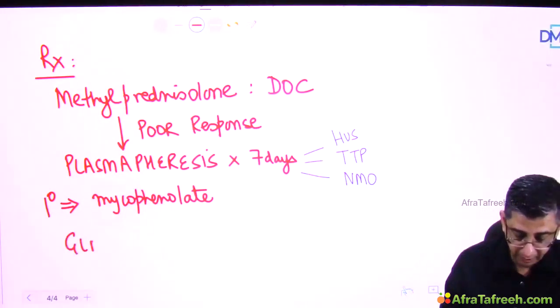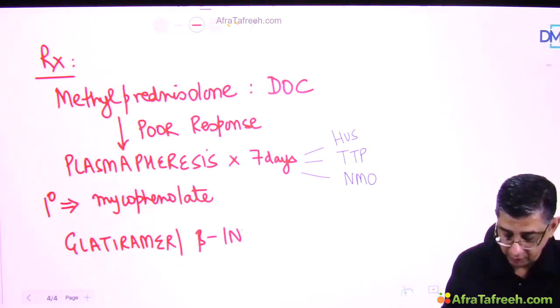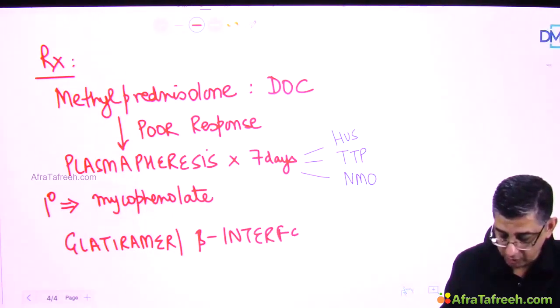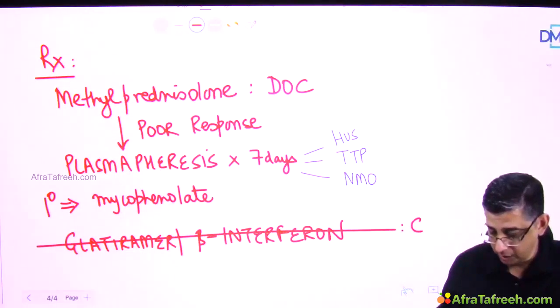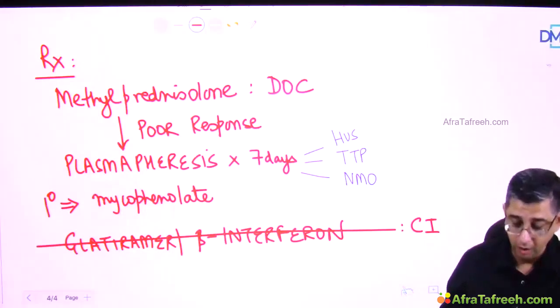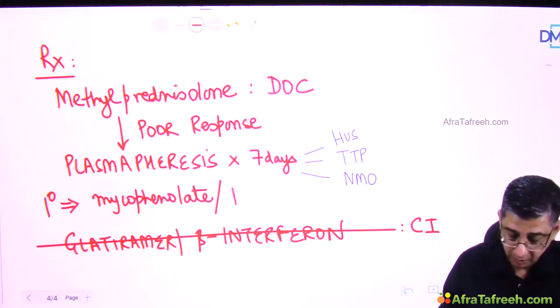If glatiramer or beta interferon is used in this condition, it will cause worsening of these patients. So all the disease modifying drugs which have been taught in the multiple sclerosis topic are contraindicated in NMO. Instead of mycophenolate, another strategy which can be used, especially in poor patients in our country, is a combination of prednisolone with azathioprine.